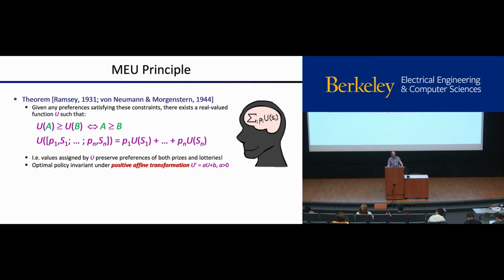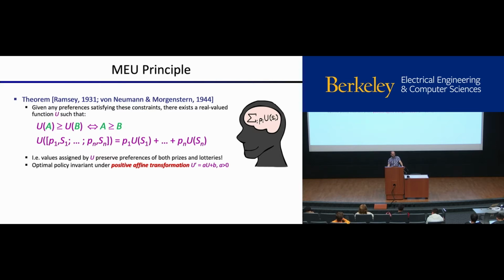And this will ensure that if you'd ever prefer this to that, the associated utility for this will be greater than the associated utility for that, taking into account lotteries and expectations correctly. The theorem says there exists a utility function that matches your preferences.